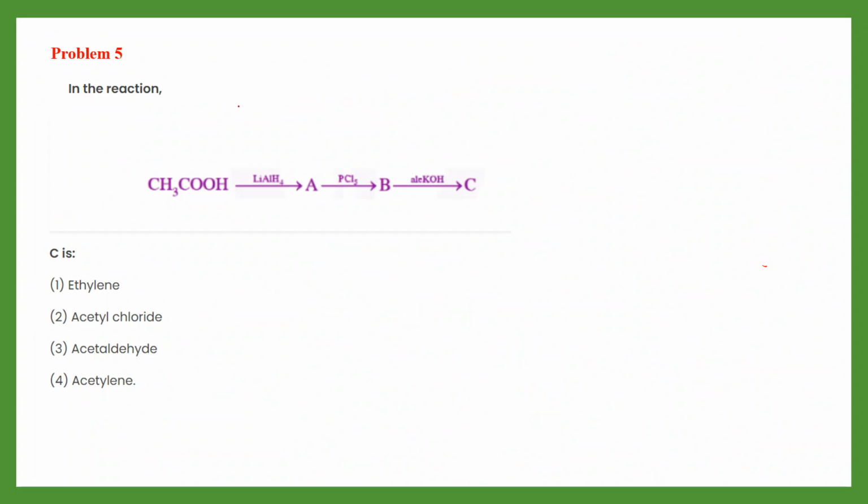Problem 5 question is based on oxidation reduction chemistry. Problem 5, in the reaction CH3COOH first underwent LAH reduction, or LiAlH4, then PCl5, and then alcoholic KOH. I think you should know about all the reagents, but let me tell you, LAH converts your acid to alcohol.